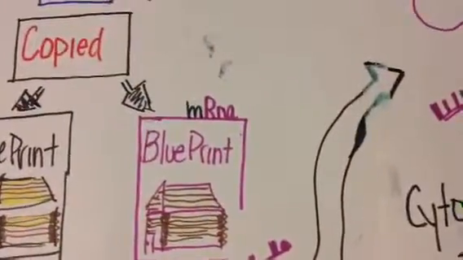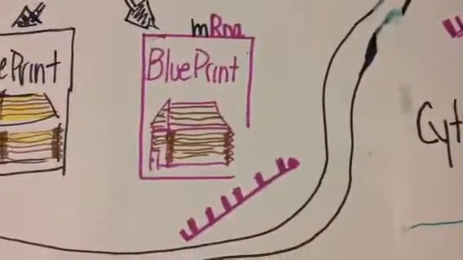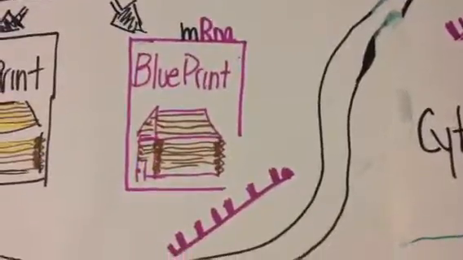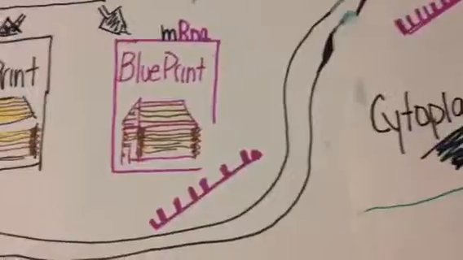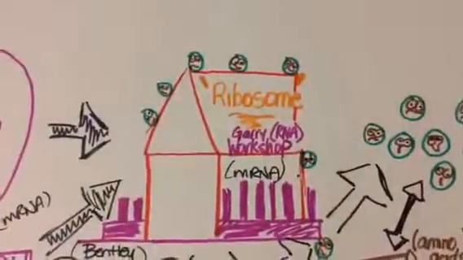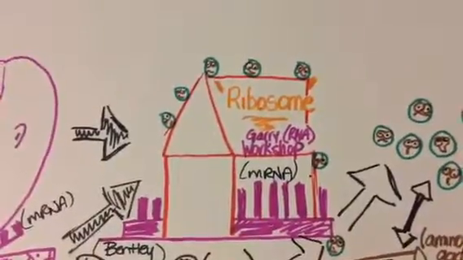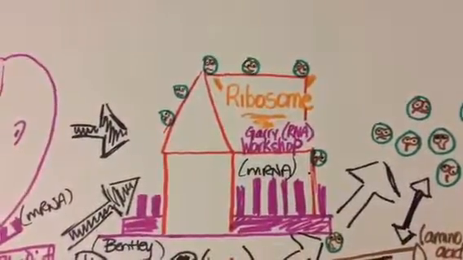So now Gary has left the nucleus on his journey to the cytoplasm with the copy of mRNA, which he now attaches to a ribosome, which is his workshop. This is a place where the ribosome can translate the edited blueprint, mRNA, a process which we call translation.